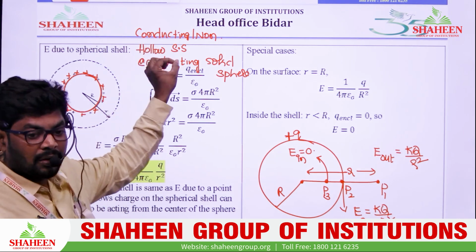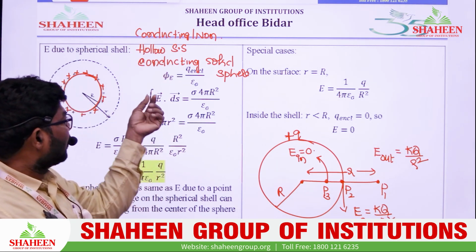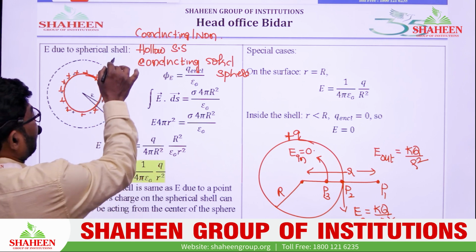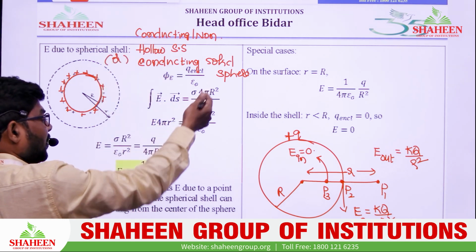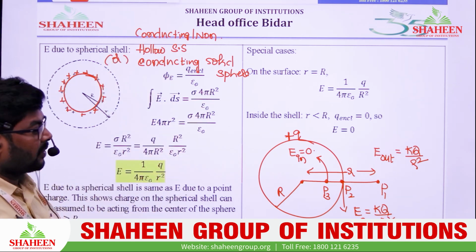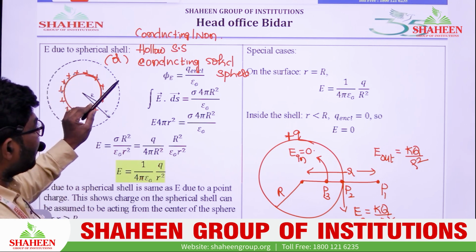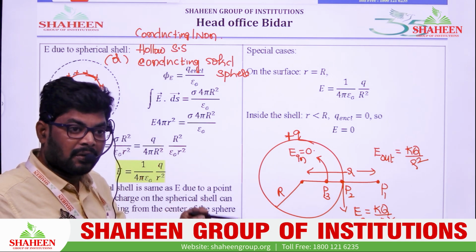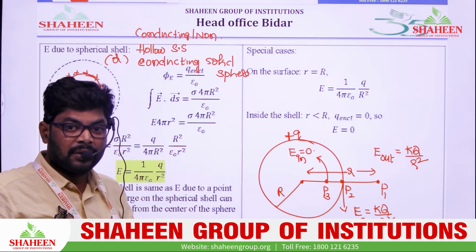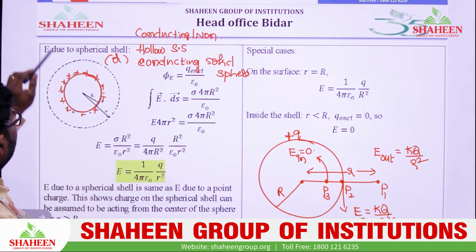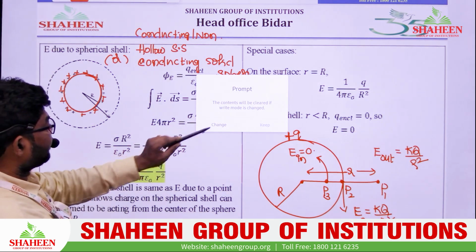Conducting or non-conducting hollow sphere, or conducting solid sphere, the formula is also the same. So this is the electric field due to a hollow spherical shell, whether conducting or non-conducting, or a solid conducting spherical shell. Alright, next one please.